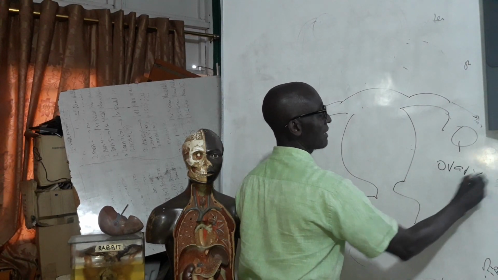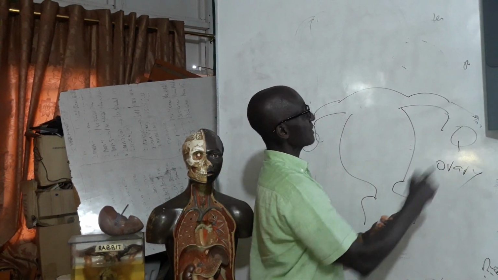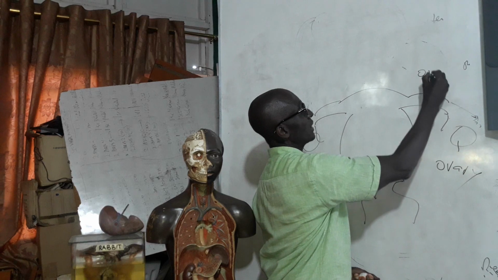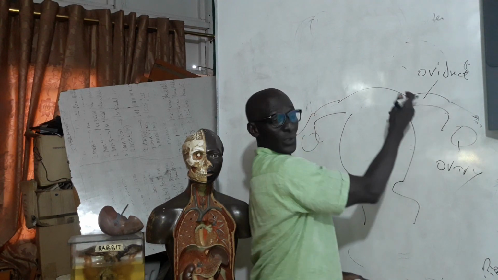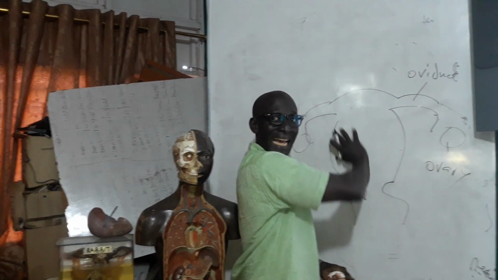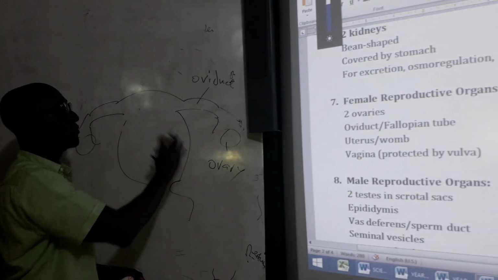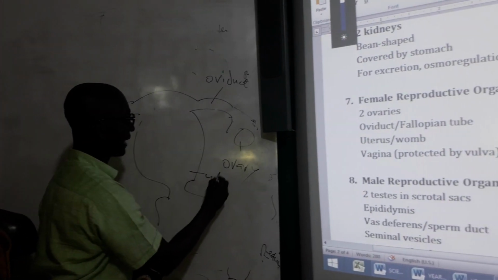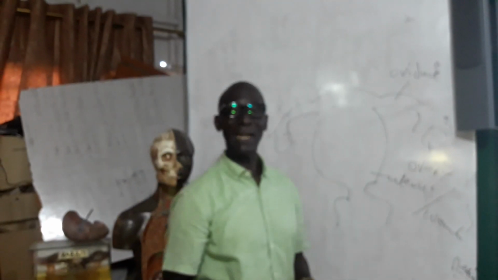That is the major reproductive organ, which releases eggs to travel through this tube called the oviduct. Should the egg be fertilized in the oviduct, it can be attached onto any area within this place called the uterus. Uterus, commonly called the womb. That's where the embryo develops.